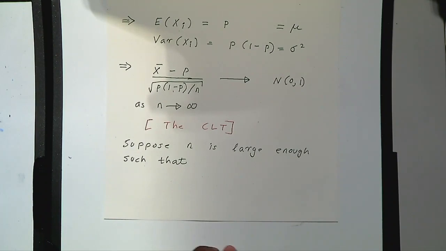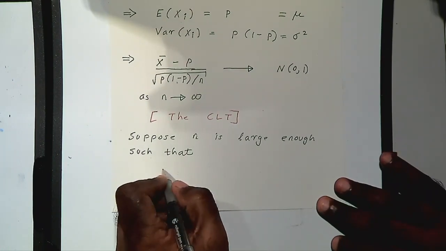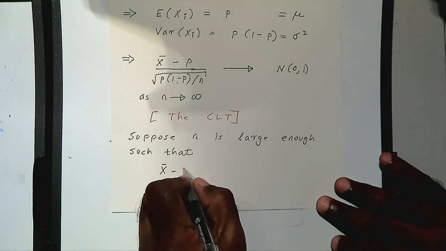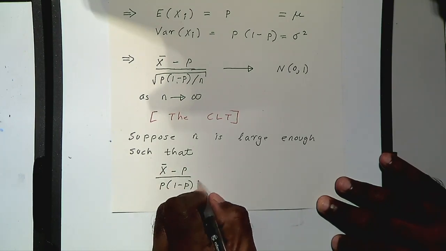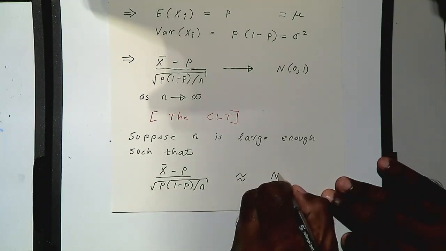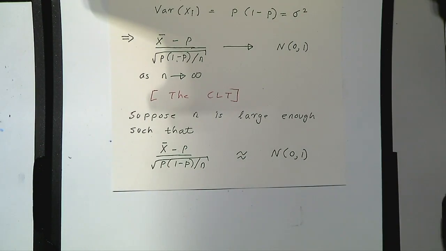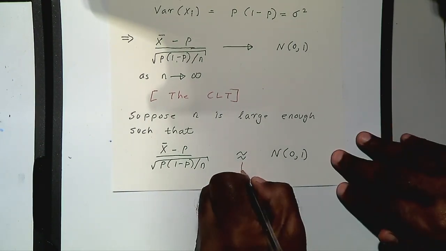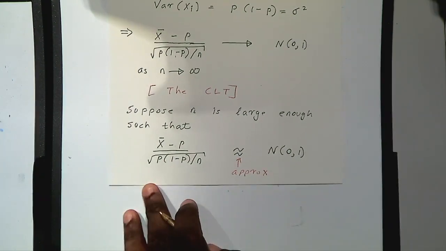I mean, the sample size can never be equal to infinity. So I'm going to suppose that n is large enough such that the distribution of x bar, this notation here means approximation.